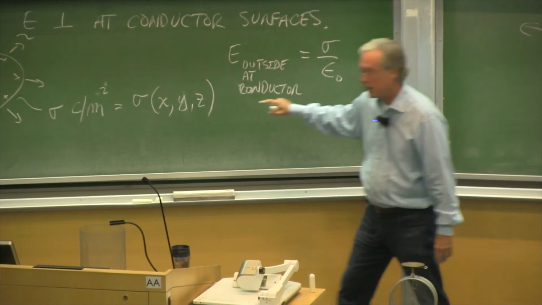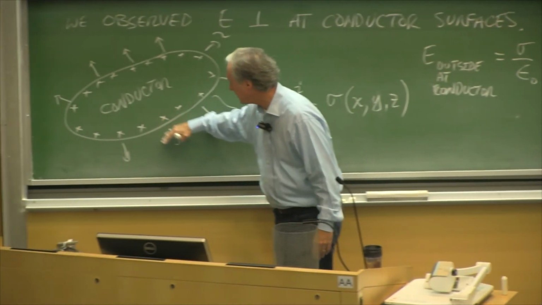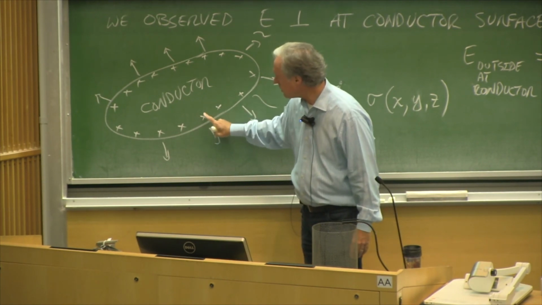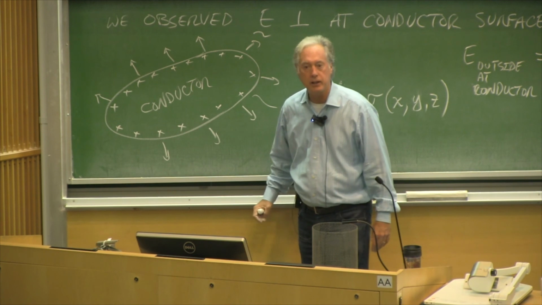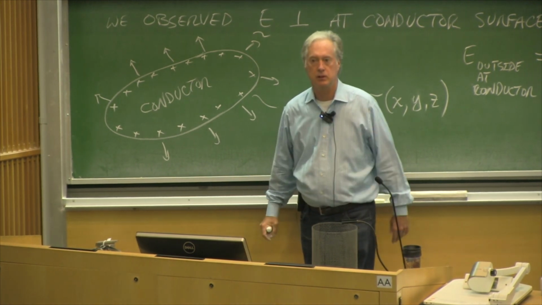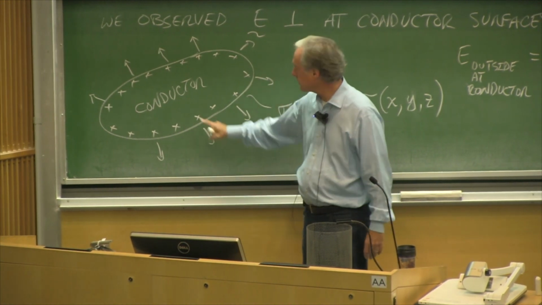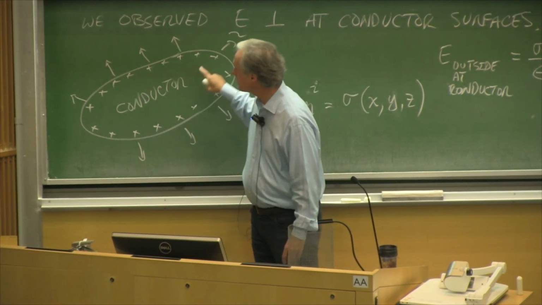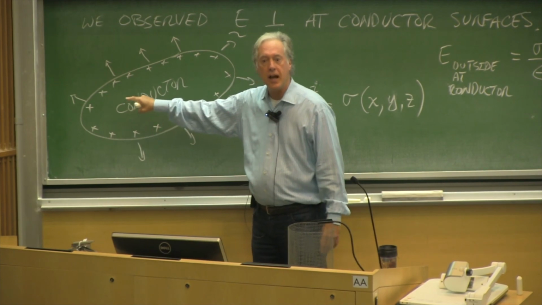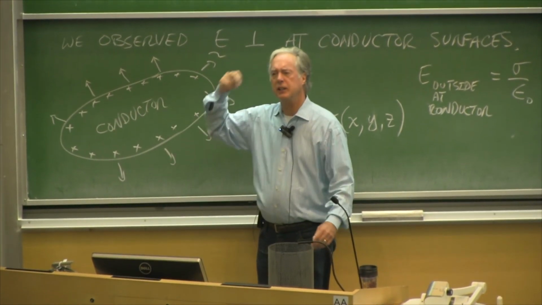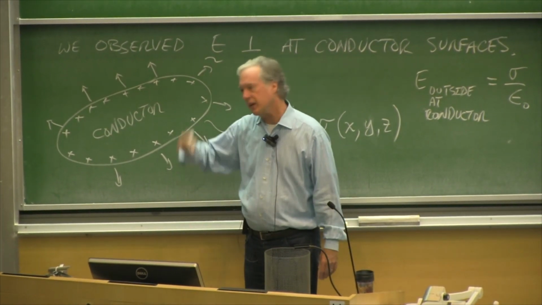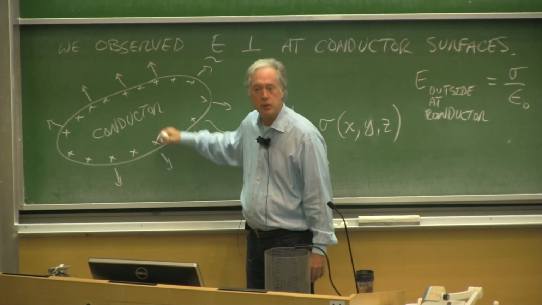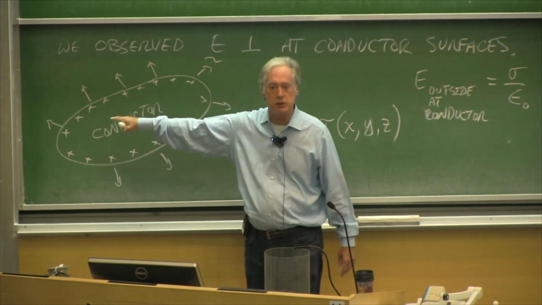Because now, on this one, the electric field pushes out from this sheet. Well, this charge also pushes electric field the other way. However, since the electric field is known to be 0 inside, it means that all the rest of the charges here have an electric field contribution which exactly adds up to sigma over 2 epsilon naught pointing inward here, but it's pointing this way from all these other charges.